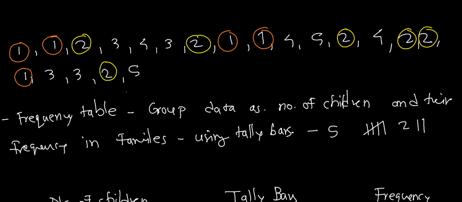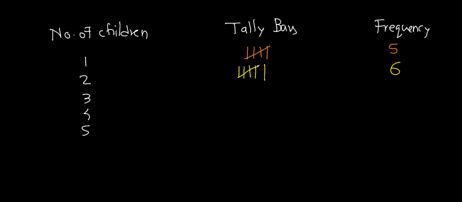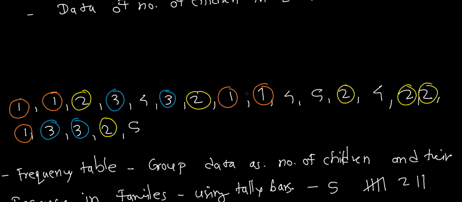Now number of children 3. So we'll write 1, 2, 3 and 4 families have 3 children. So 1, 2, 3 and 4, and frequency is 4 families. Now number of children 4.